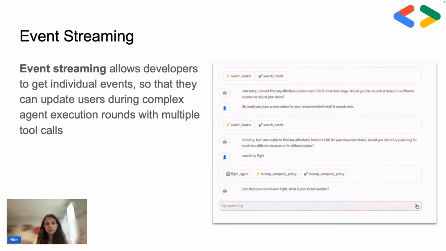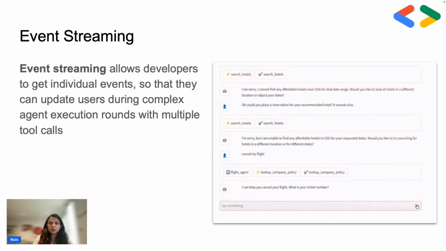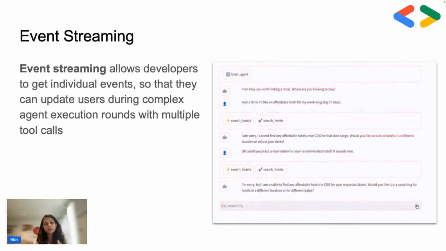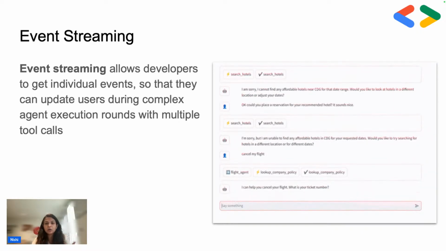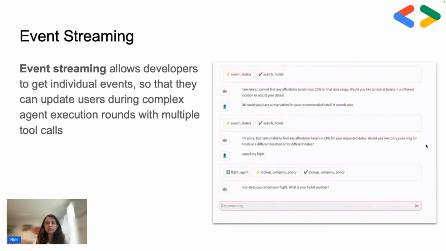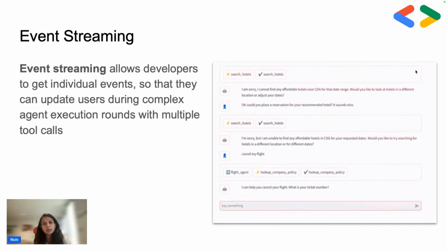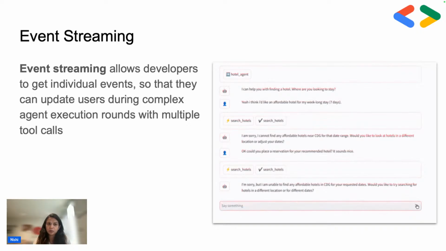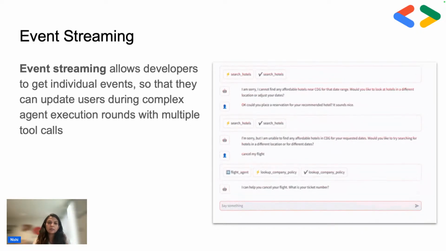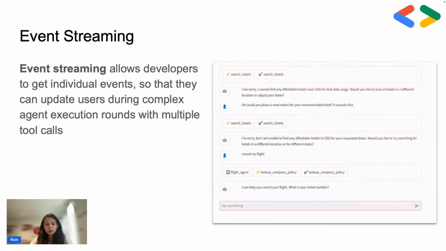So that is one event which is sent back to your client. Then once your tool execution finishes, you have the response, you send another event saying that, okay, this is the response which I got. And then it processes everything, it generates a final result. Your server will send another event saying that, okay, this is the final response. So ADK has inbuilt event streaming capabilities, which is quite useful.